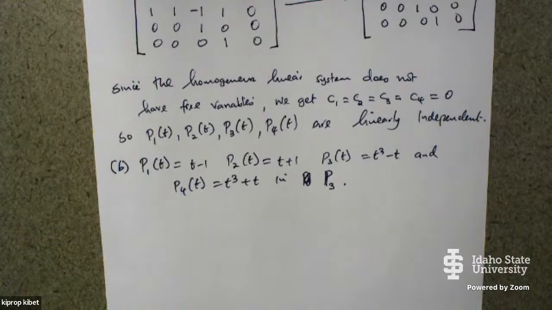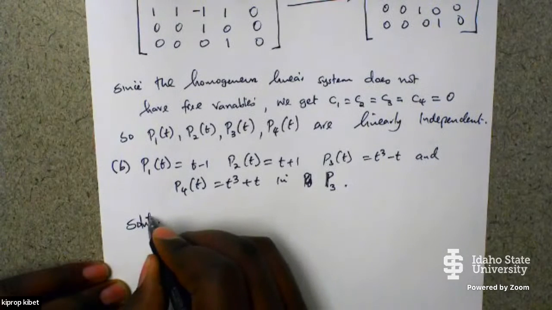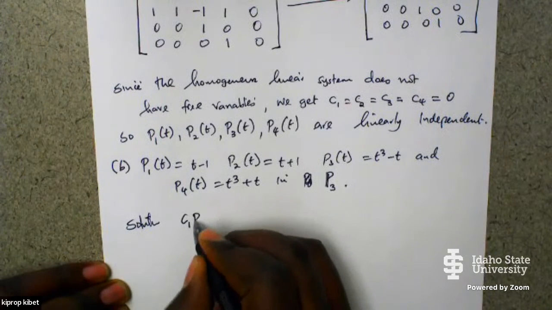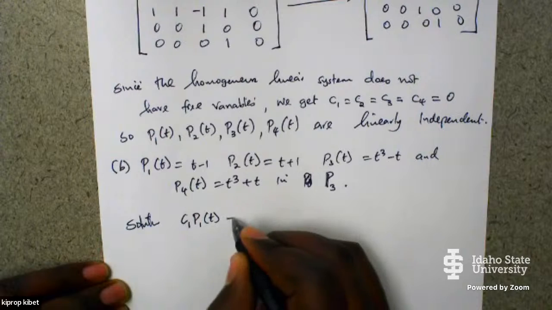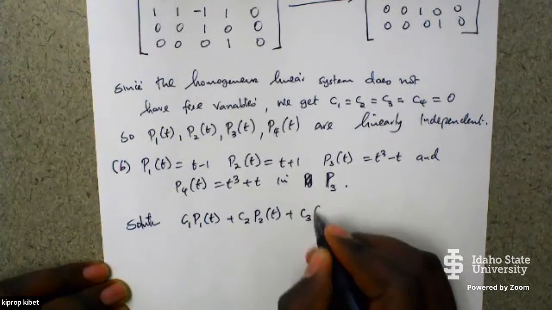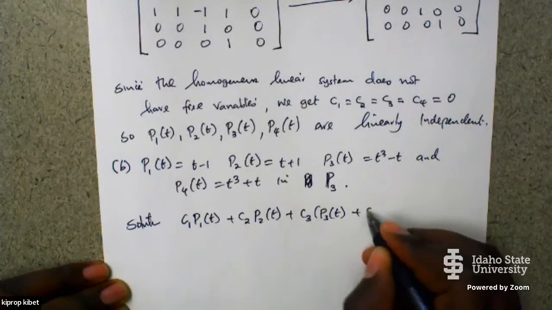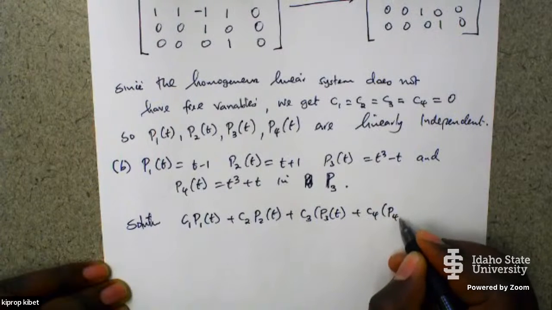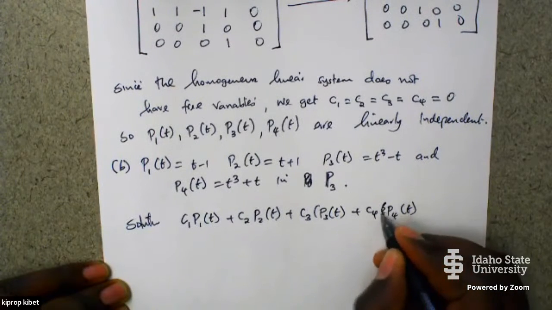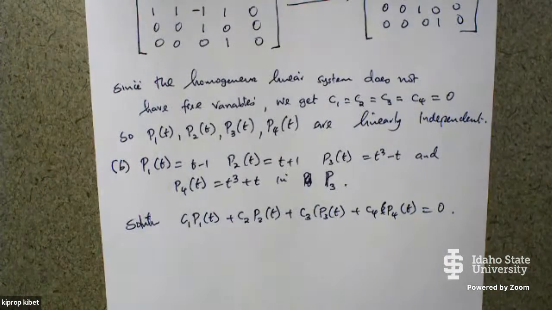So we just do the same way that we've just done. What we need to do is get C1 P1 of T plus C2 P2 of T plus C3 P3 of T plus C4 P4 of T equals to 0.